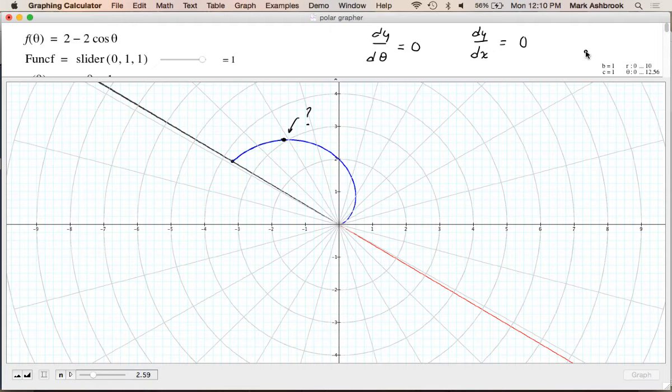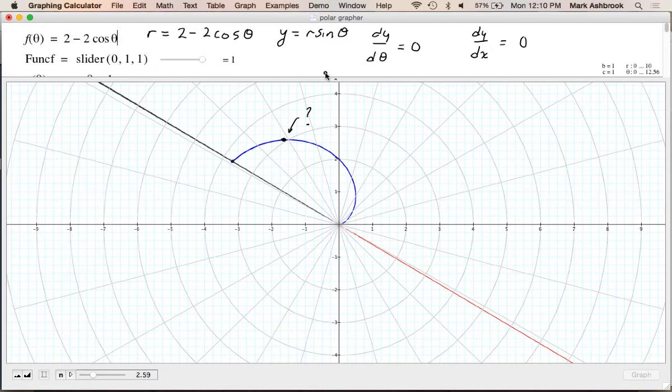So what do we know? We know that r equals 2 minus 2 cosine theta. What does y always equal if you're talking about polar coordinates? y equals r sine theta. It's bedrock. Always.